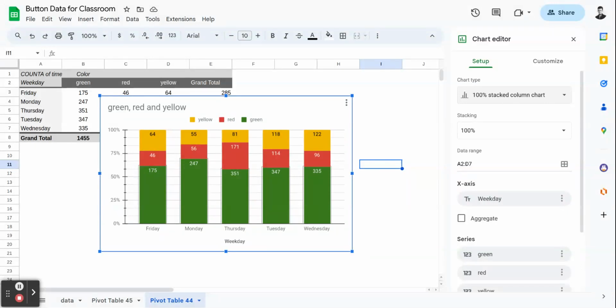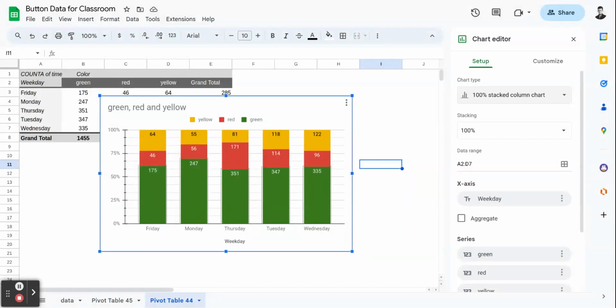So it's different to say which day has the most green clicks as opposed to, out of all of the days, which day are people happiest? Well, that would actually be Monday, which is a little counterintuitive. I think in this case, it's really important to have these numbers so that you can see that on Tuesday, 347, or Thursday, 351 people clicked.